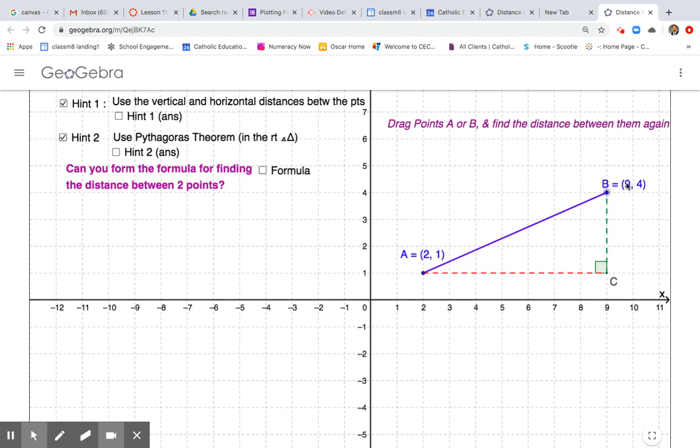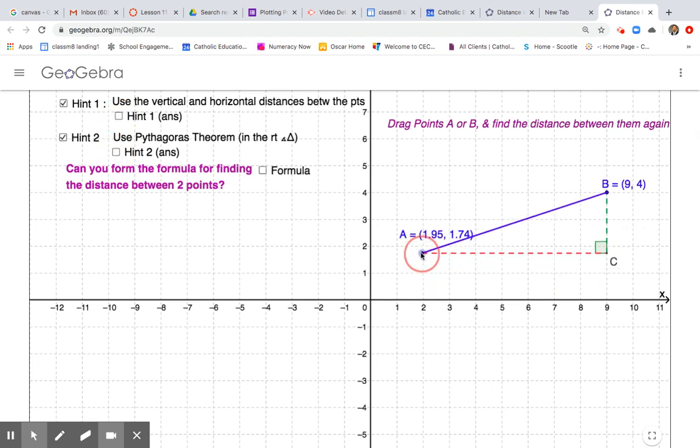What's this length? Well, the x value is 9. This x value is 2. So this length is 7. So this length was 3, this length was 7, so it's just going to be 3 squared plus 7 squared. And what's the distance AB? The square root of 3 squared plus 7 squared, 7.62.